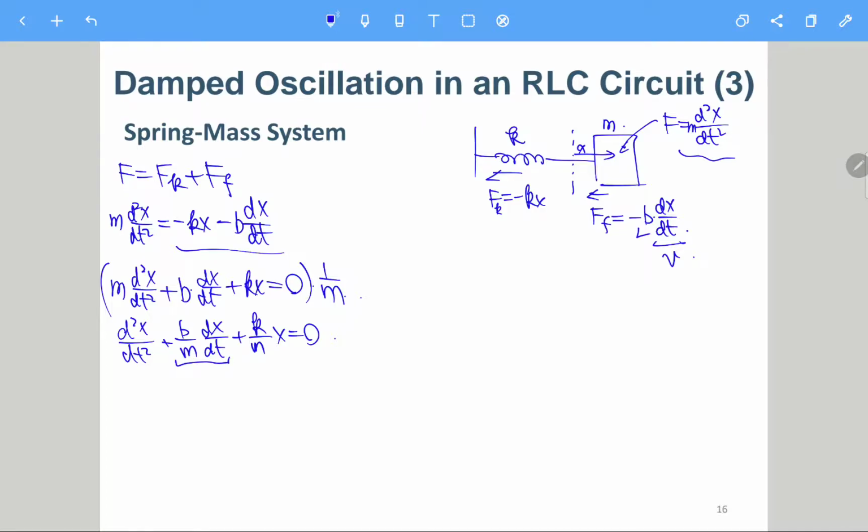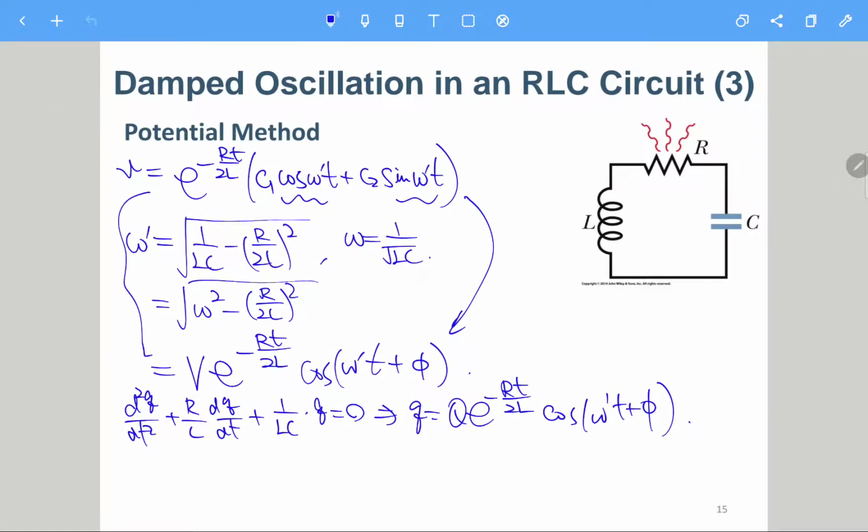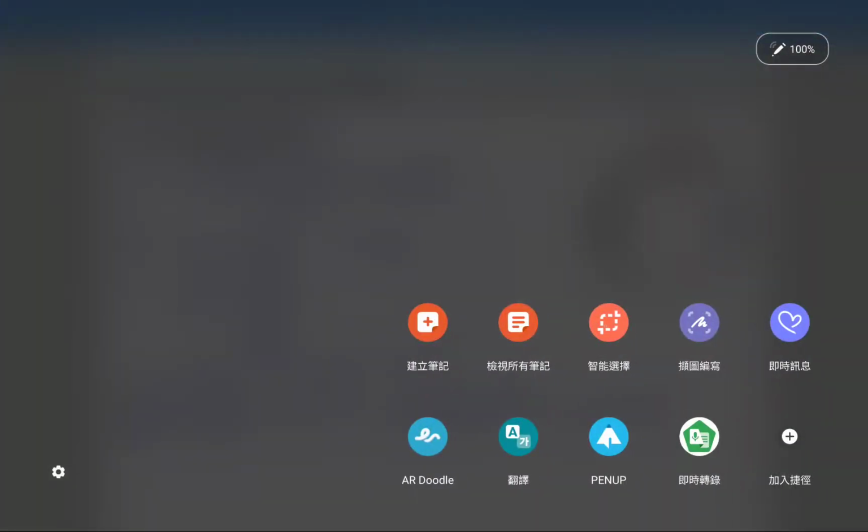And similarly, we can just compare with this one.